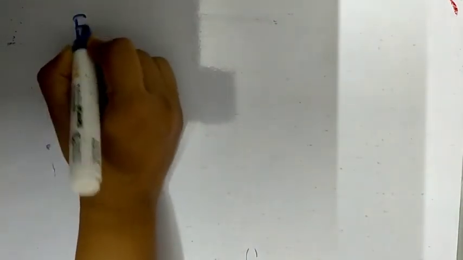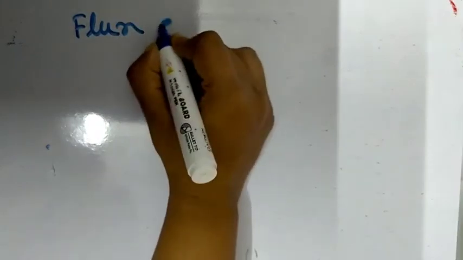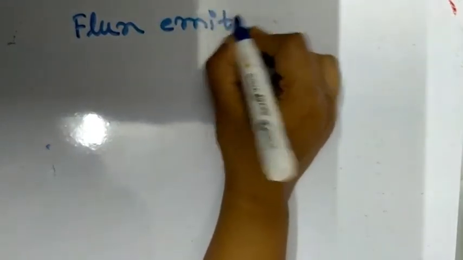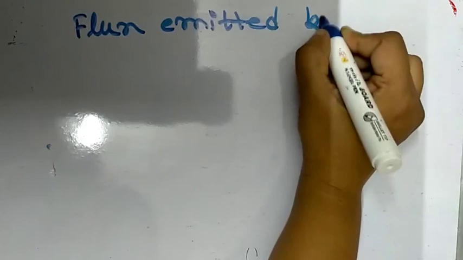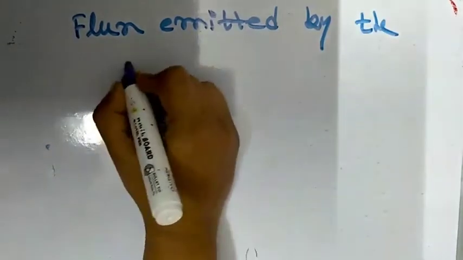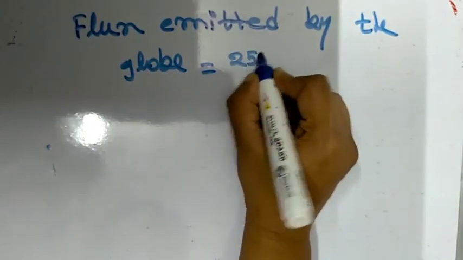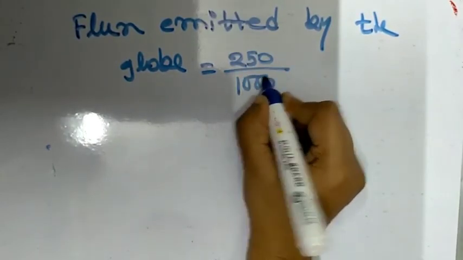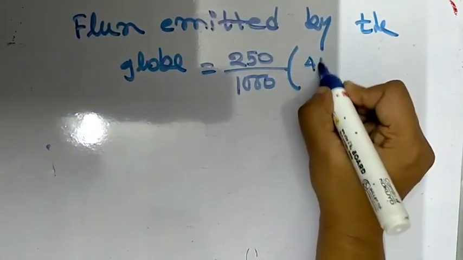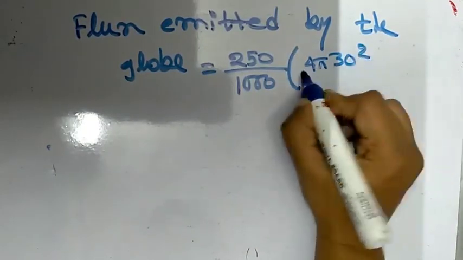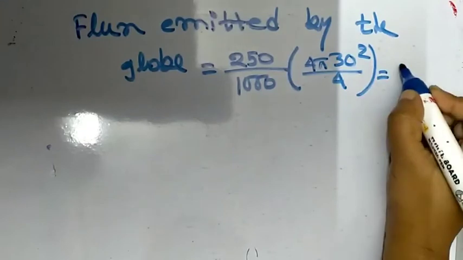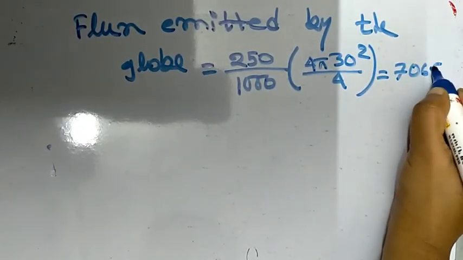So, the solution is: flux emitted by the globe is equal to 250 by 1000 times 4 pi times 30 square by 4, that is 706.5 lumens.